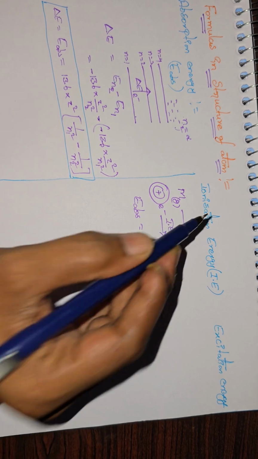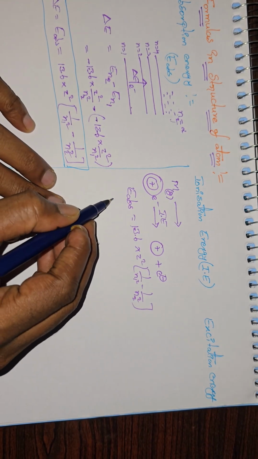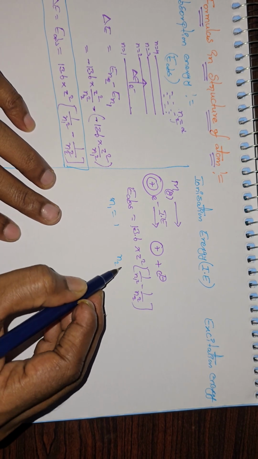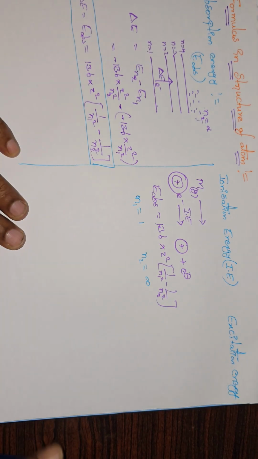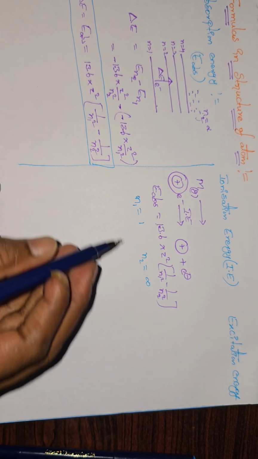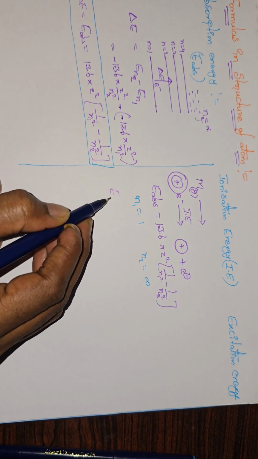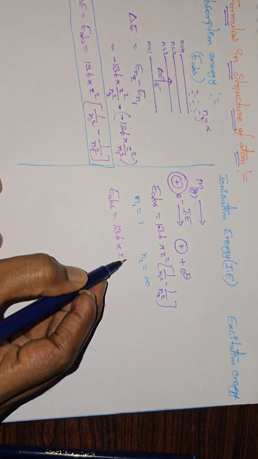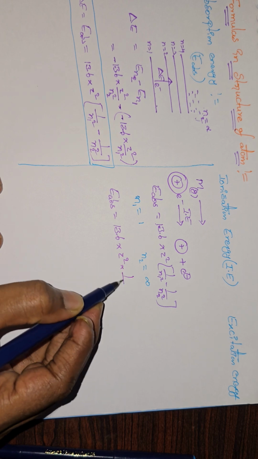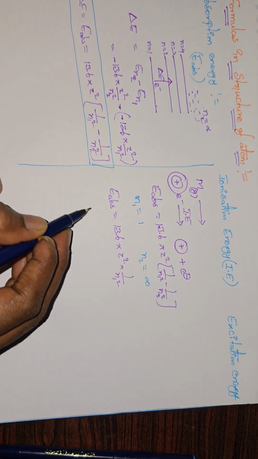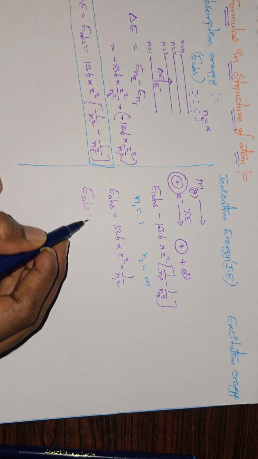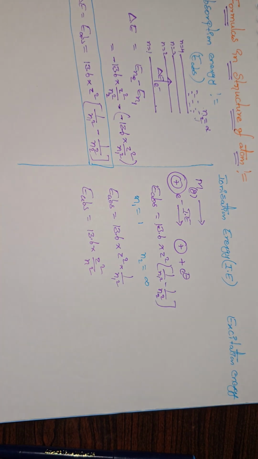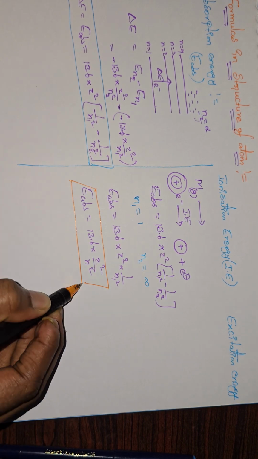This is the expression for ionization energy too, but what are n1 and n2 here? n1 is the ground state and n2 is the infinite state. 1 by infinity is nothing but 0. So the energy is equal to 13.6 into Z square into 1 by n1 square, that is, 13.6 into Z square by n square. It looks like the energy of the electron in the nth orbit.